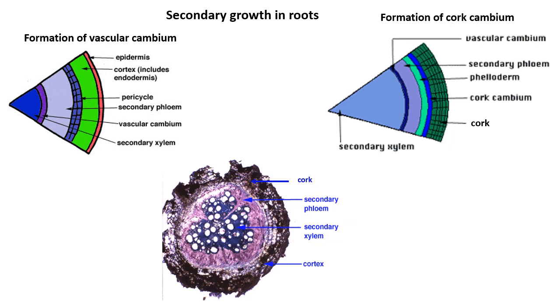So, the roots also form an outer protective layer called the periderm, which also originates from the pericycle. The pericycle divides periclinally again to form the cork cambium, which is highlighted here. The cork cambium divides and differentiates to form the suberized cork cells towards the outside, which are dead at maturity.